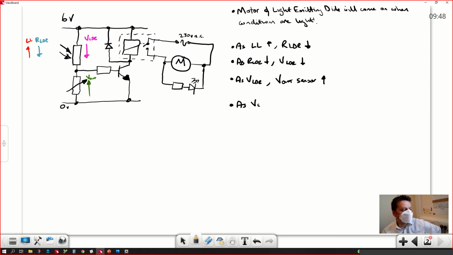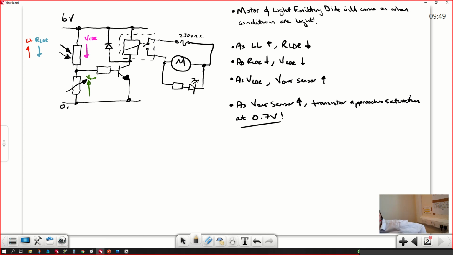So as V out of the sensor goes up, the transistor approaches saturation. Sorry, I missed this out for the last one. At 0.7 volts. It's probably really important that you include your knowledge of that magic number in this description.